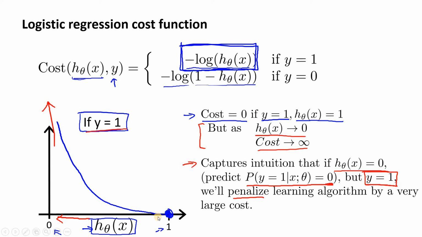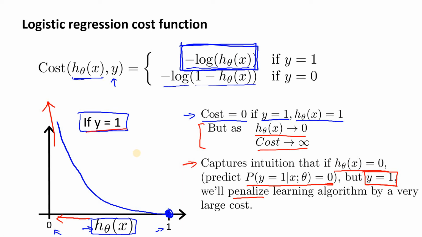For example, if your h value is 0.95, we saw that your error will be quite less, negligible. I think in our case it was 0.07. But if y is 1 and you are predicting close to 0, in that case your error value will shoot, it will become very high.